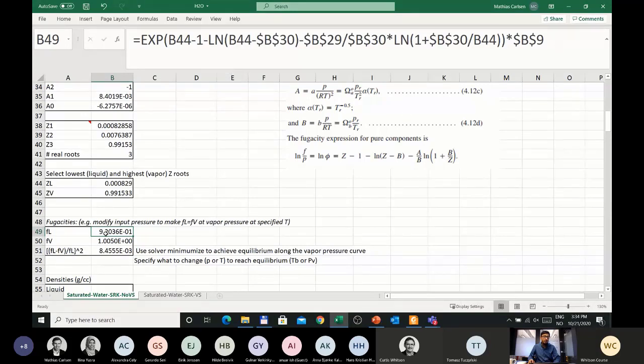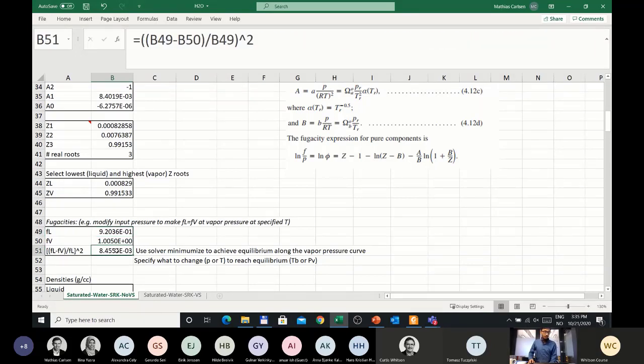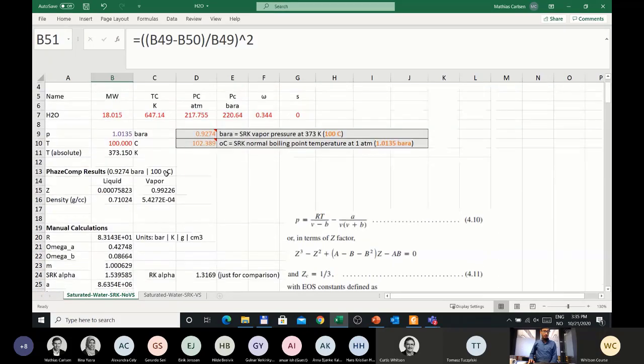And then this is just the difference, or the error between the 2 values, which we try to minimize using the solver by changing the pressure.